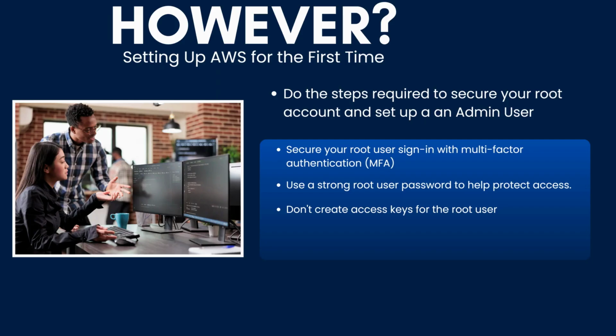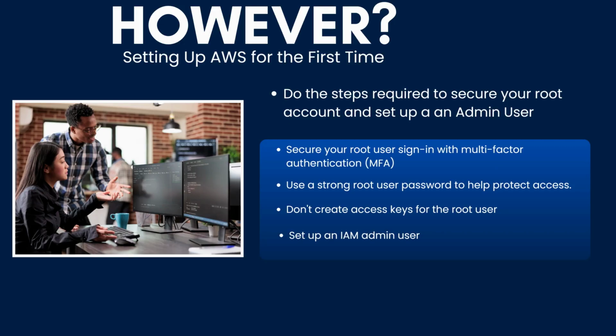Okay, here we are back at our slide, and we have done these three things. Hopefully you have too. We've secured our root user using multi-factor authentication, and we've used a strong root user password to help protect access, and we have not set up any access keys. The next thing we need to do is set up an IAM admin user.